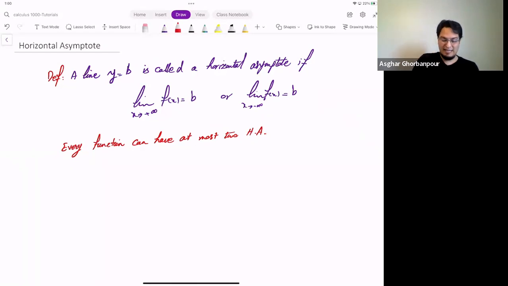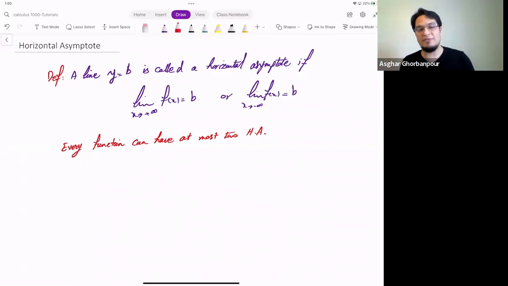The second thing is about computing. Remember, for the vertical asymptotes, we have to find candidates for a, at which, as x goes to a, the function blows up to positive infinity or plunges down to negative infinity. So that's the first step. Remember, in the case of rational functions, we listed all the roots of the denominator and found the limit to see if they are positive infinity or negative infinity.